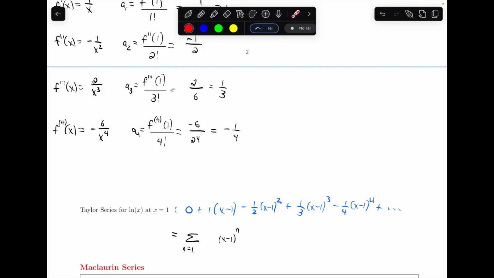And now I need something for this denominator that shows up, and I need something for the alternating portion. Well, the denominator matches whatever power that I have. So in my sigma, if my power is n, that means the denominator's got to be an n. And then for an alternator, I could either use something like negative 1 to the n, or if I need to adjust the sign, negative 1 to the n plus 1.